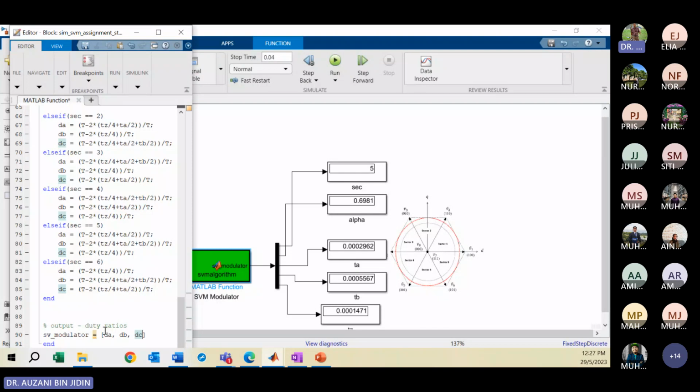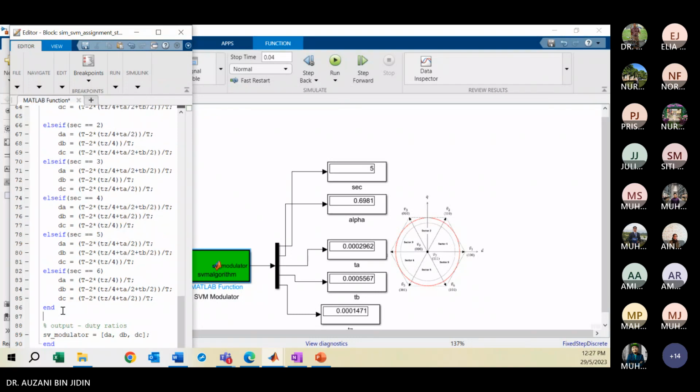You have three outputs, DA, DB, DC. Don't forget to put a semicolon here. The output of the modulator, the green color block, will have three outputs, DA, DB, DC.